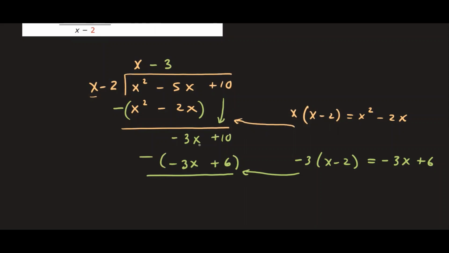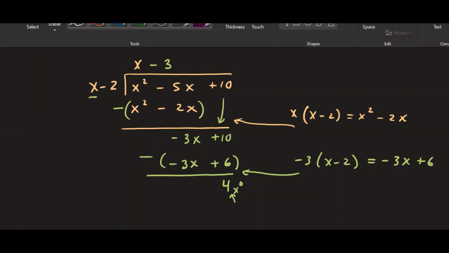So we get negative 3x minus negative 3x, 0, and then 10 minus 6, that will be 4. And now you see how this has a degree, you can think of it as degree 0, and this has a degree 1. So because it's 1 degree less, the division cannot continue. So we're done with the long division process.